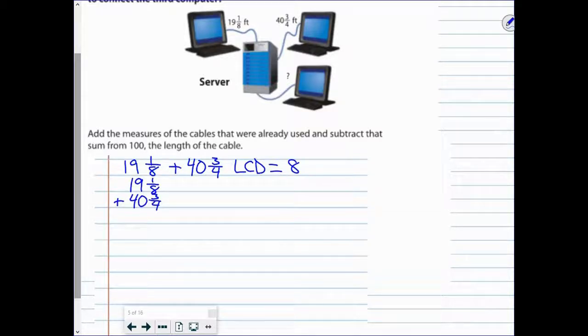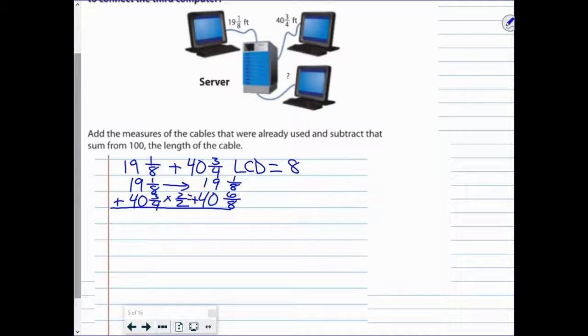I'm going to multiply 40 3/4 by 2 over 2, and that's going to give me 40 6/8. I'm going to just drag 19 1/8 over.